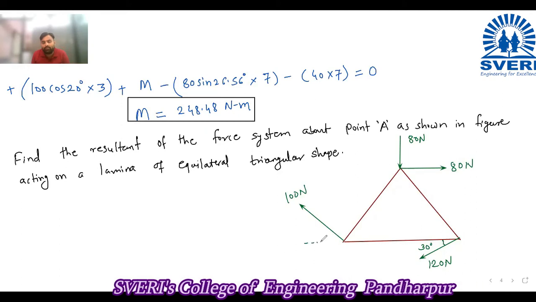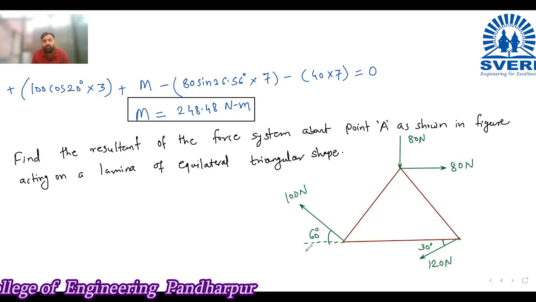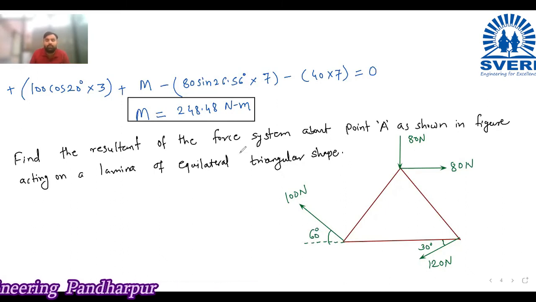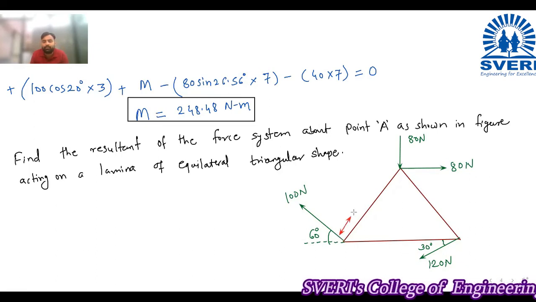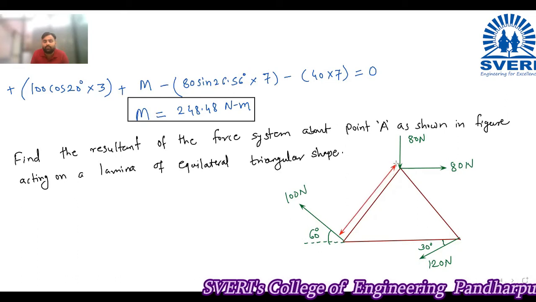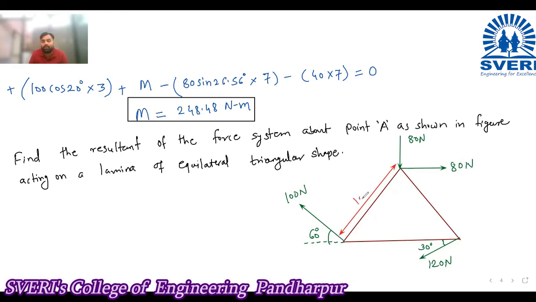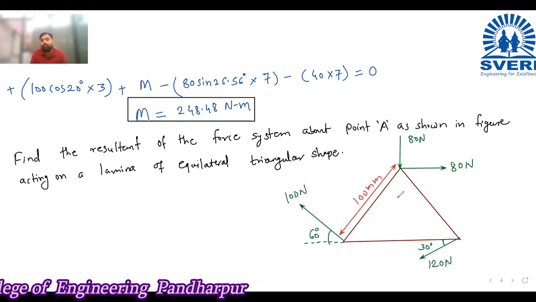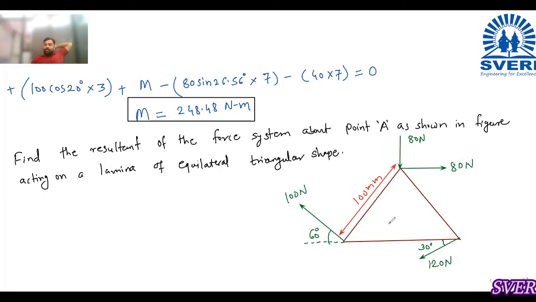And the angle of this force is also given. It is 60 degree. This is the equilateral triangle. So this side is 100 m. Now this is the given problem. Try to solve it by yourself and let me know the summation of Fx and Fy. काय व्हॅल्यू येते सांगा.